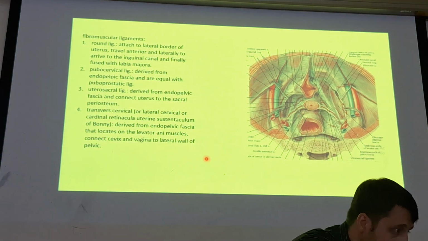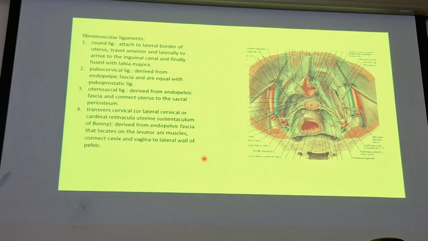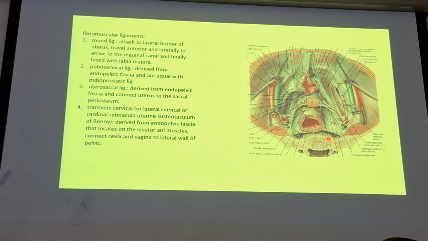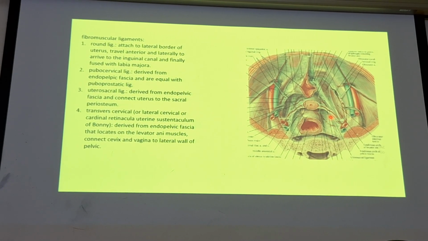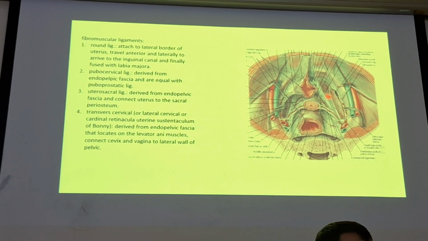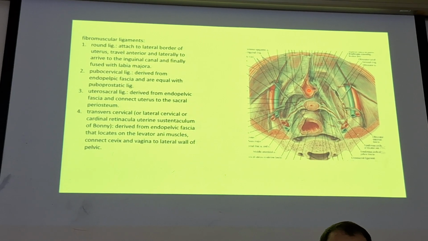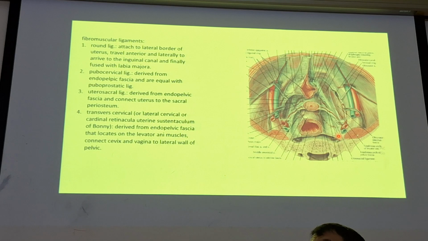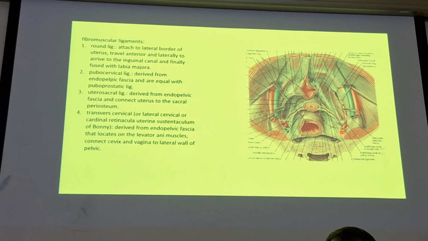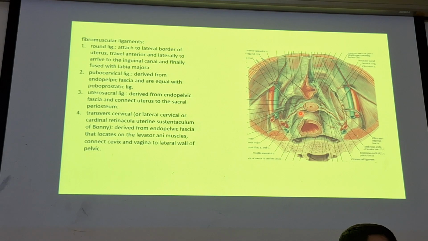Another is the uterosacral. Look at here. It attaches the cervix of the uterus to the periosteum of the sacral bone. It is named the uterosacral ligament. It is a thickening of the endopelvic fascia. Another fascia is located transversally or horizontally, here, here, and here.